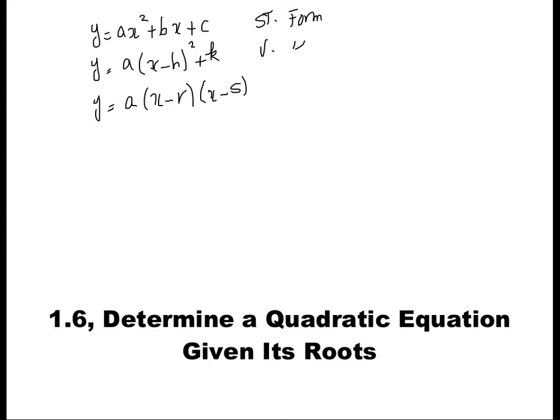Remember, the standard form was good because by looking at it you could see that c is the y-intercept. Vertex form was good because the vertex was at the point h and k, and the factored form was preferred because r and s were the zeros or the x-intercepts of the quadratic.